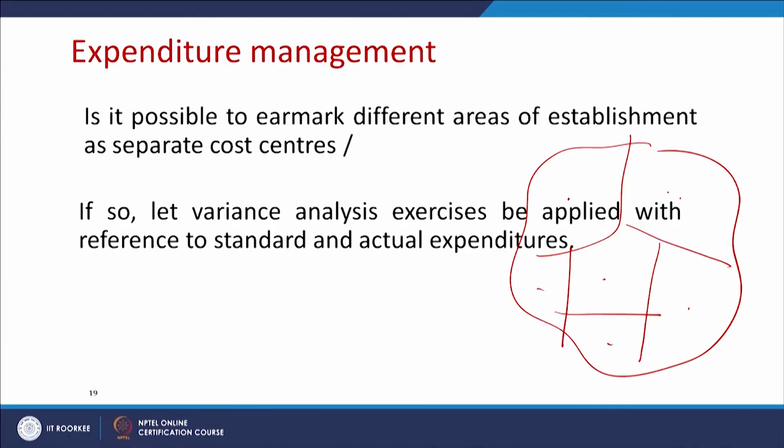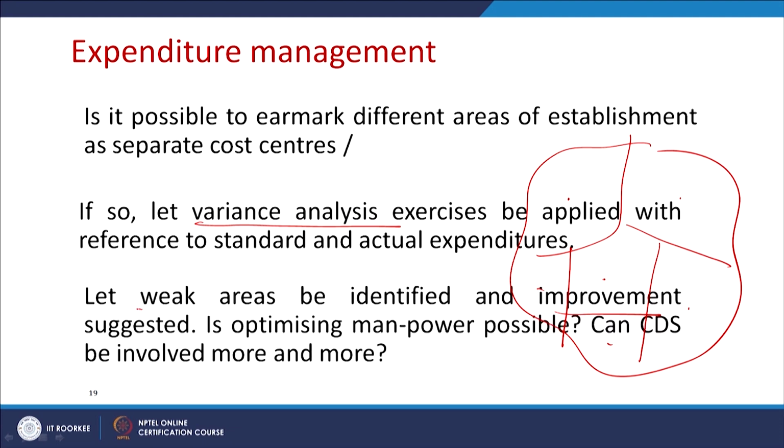Then with variance analysis, sector wise or establishment wise, you can decide whether it is running properly with cost effectiveness or not. Weak areas can be identified based on that analysis and improvements suggested. After the variance analysis you can identify which sectors are not performing well, and based on that you can suggest a few strategies.